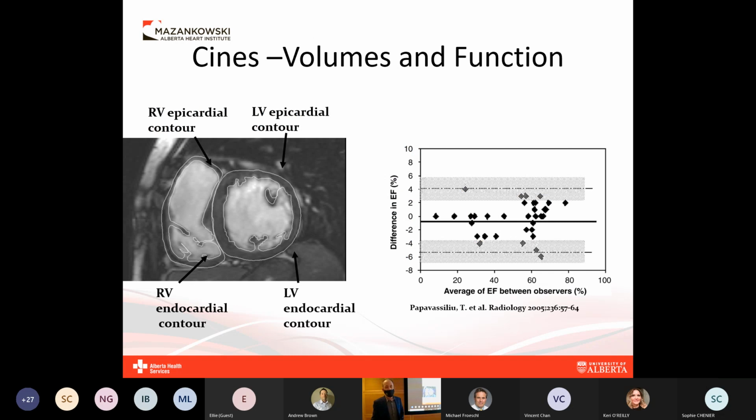MRI is considered by many to be the gold standard for evaluating biventricular size and function. And it's also, in my view, ideally suited to evaluate serial changes in EF because it has excellent inter-observer reproducibility.